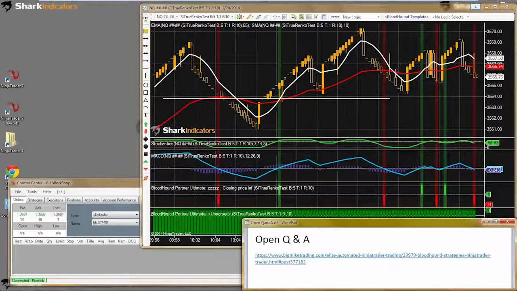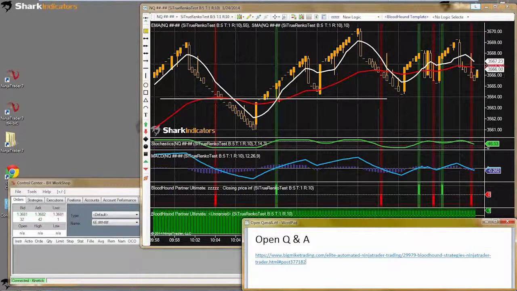The missing component is getting the Fibonacci level values out as a plot so that BloodHound can read it. And no, we haven't gotten that yet.